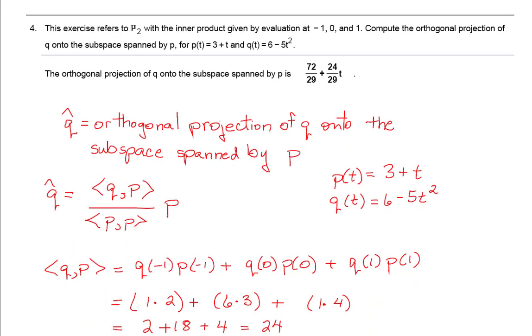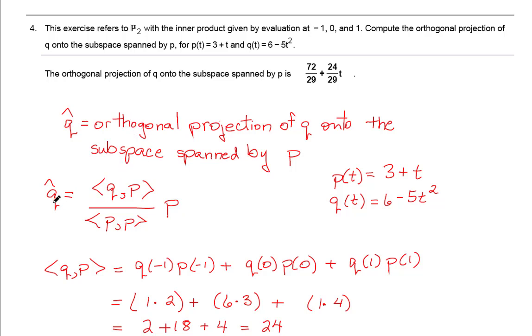All right, in question 4, again, we are still in the space of second degree polynomials. It's going to be evaluated at -1, 0, and 1. So we want the orthogonal projection of Q onto the space spanned by P. So we're going to project Q onto the subspace spanned by P, and it's done in an orthogonal way.